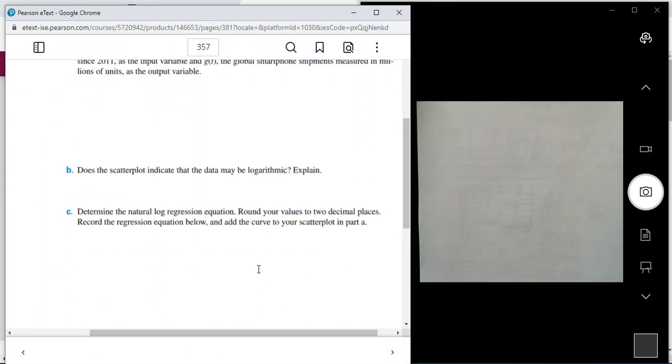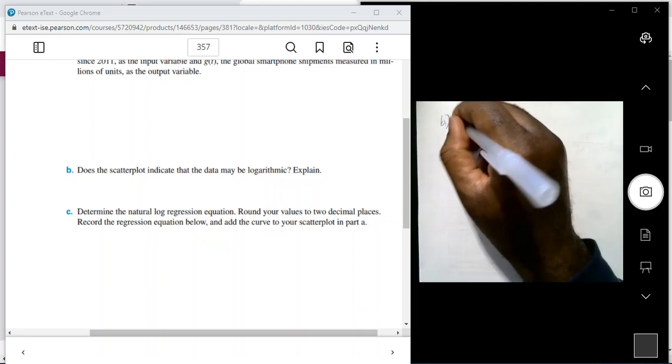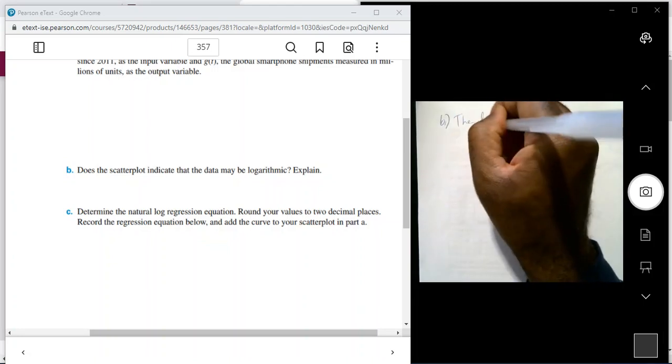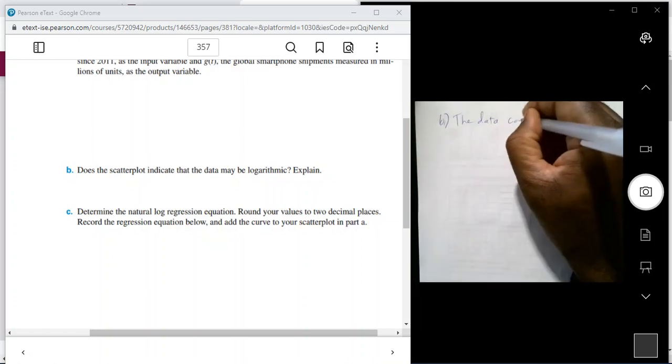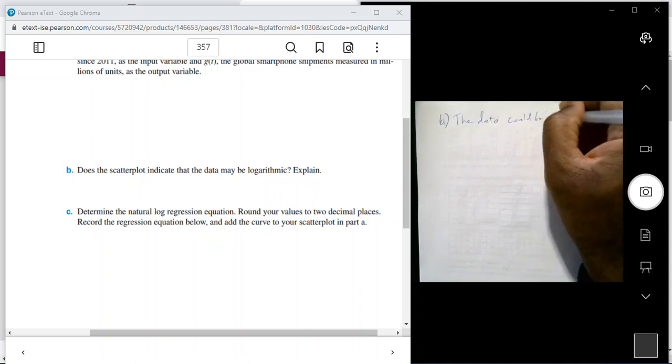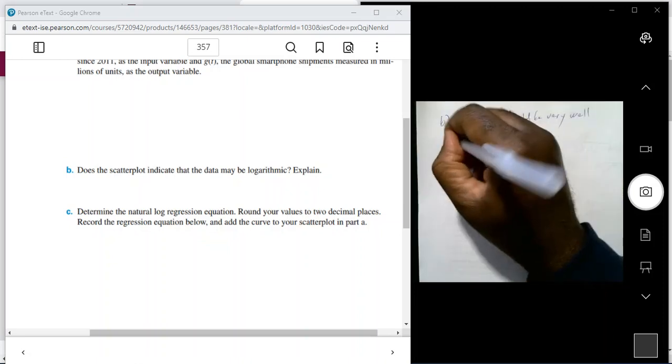Okay, now we look here at B. Does the scatter plot indicate that the data may be logarithmic? Now, the answer is yes, because we look here at B, the data, according to the graph I showed you on Desmos, could very well be logarithmic.